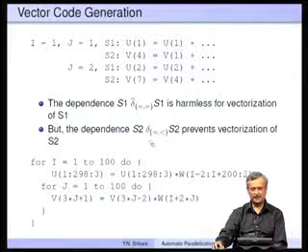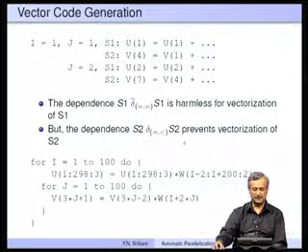The dependence and direction vector are the two items that we need to compute very accurately for vectorization and parallelization. Because of this dependence, vectorization of S2 is not possible, while vectorization of S1 is definitely possible. We do partial vectorization. For I equal to 1 to 100 do, the statement S1 is vectorized, U of 1 to 298 colon 3, U 1 to 298 colon 3 star W etcetera.